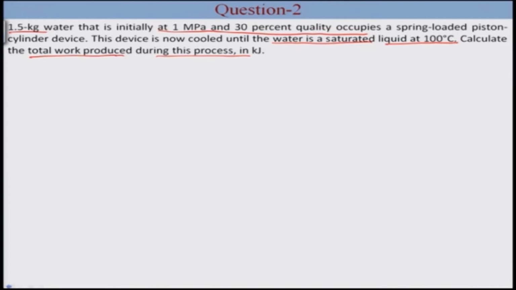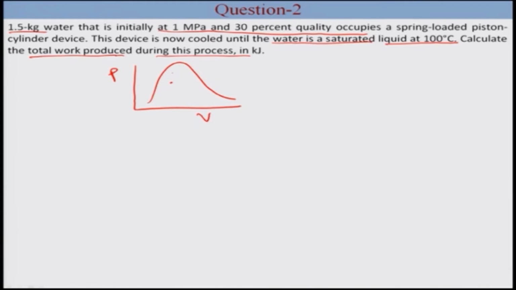It is said that initially the cylinder is filled with a water vapor mixture having a quality of 30%. If you see this process on a PV diagram, the initial state would be somewhere here because it is a mixture of water and vapor.